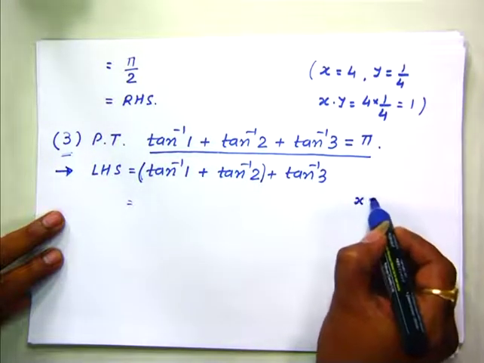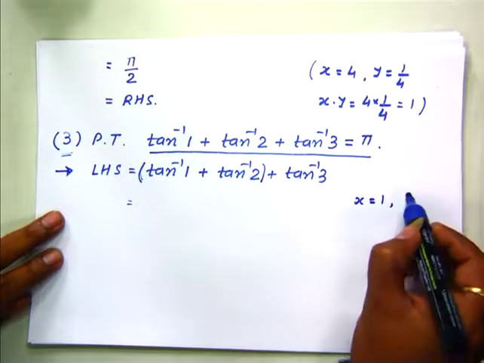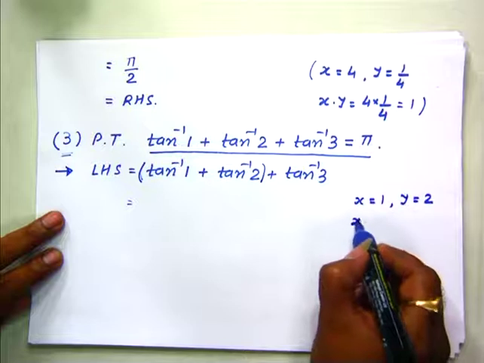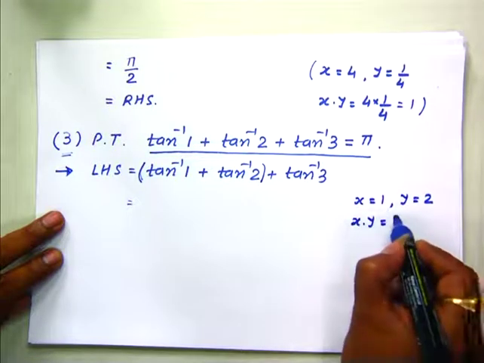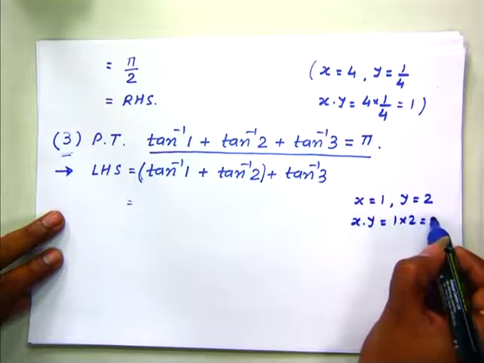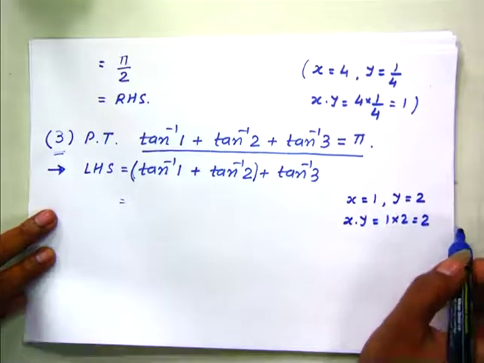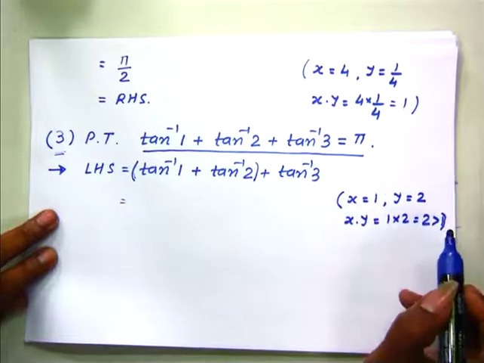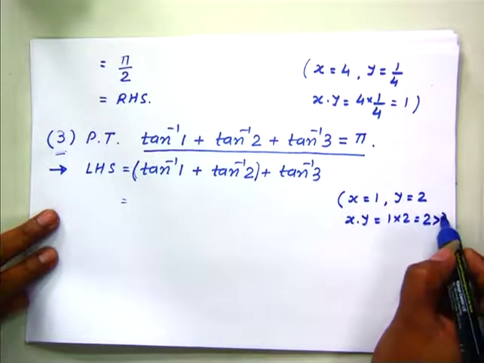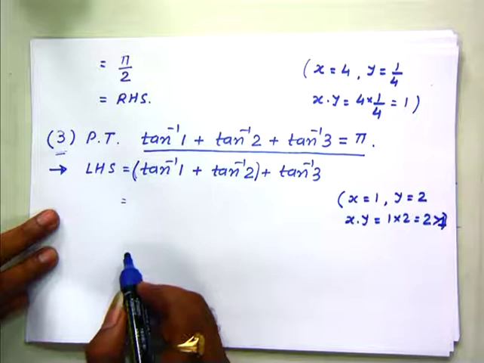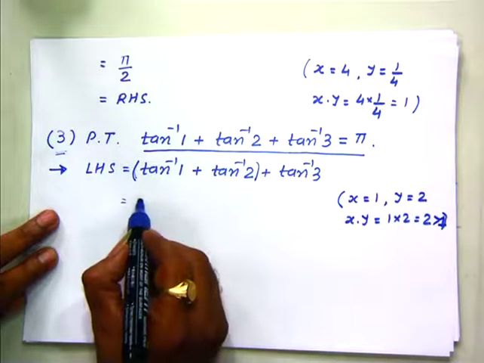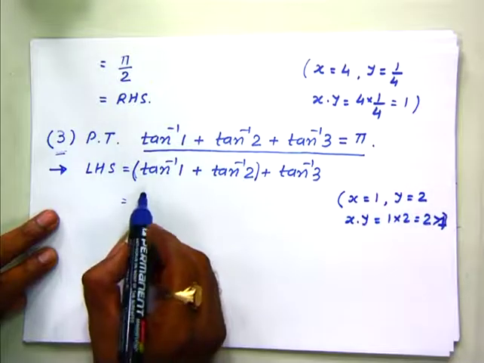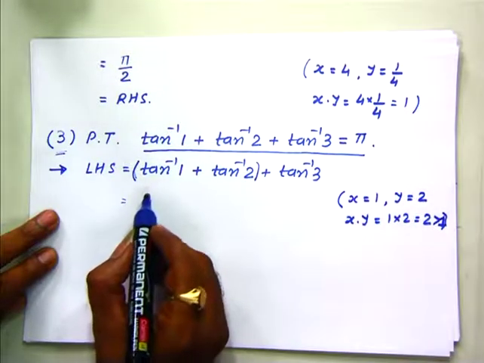What is x? x is 1, and what is y? y is 2. Now x into y equal to 1 into 2 equal to 2, which is greater than 1, so we have to use the second formula.